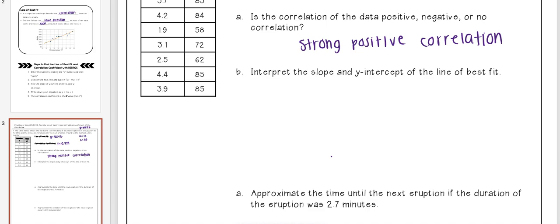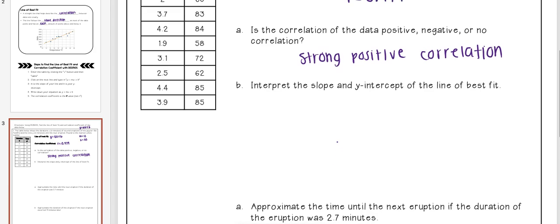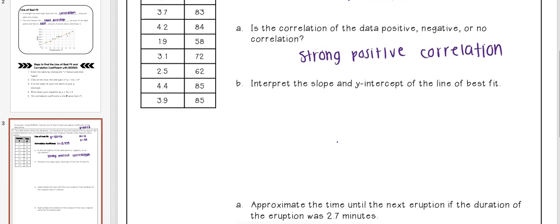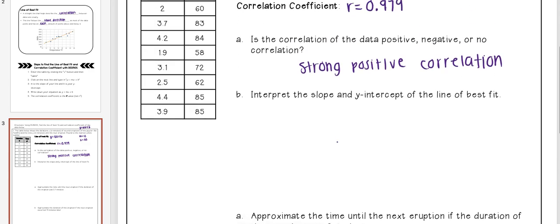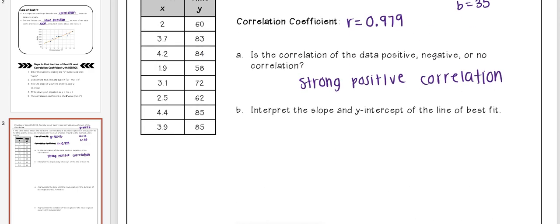Okay, now let's do some interpreting. So now it says interpret the slope and y-intercept of the line of best fit. So my slope here is 12. And I know slope is rise over run, or in other words, it's my change in y over my change in x. So I can put a 1 below it.